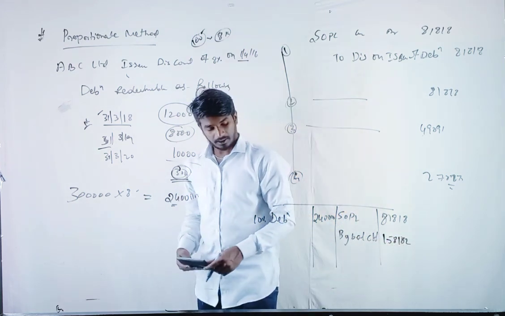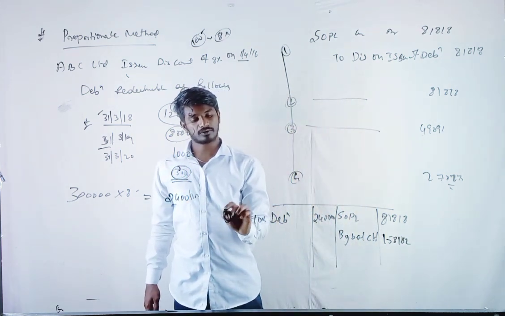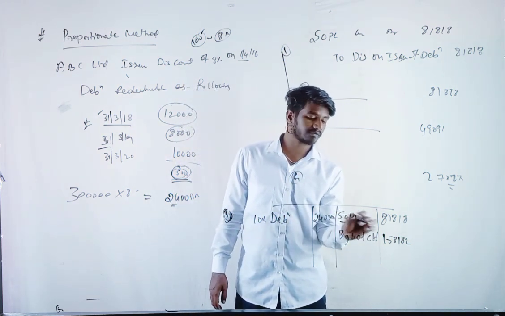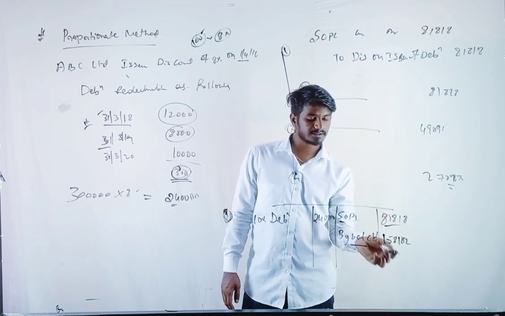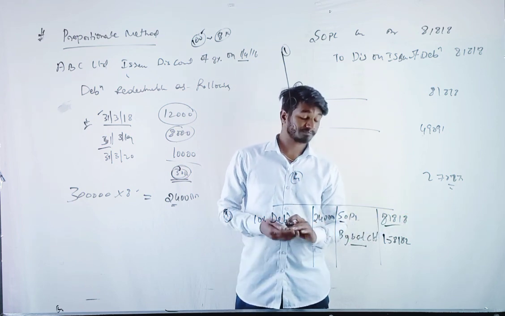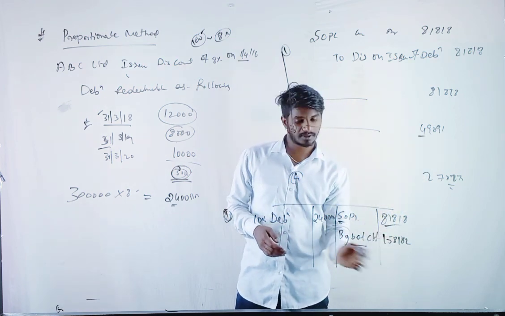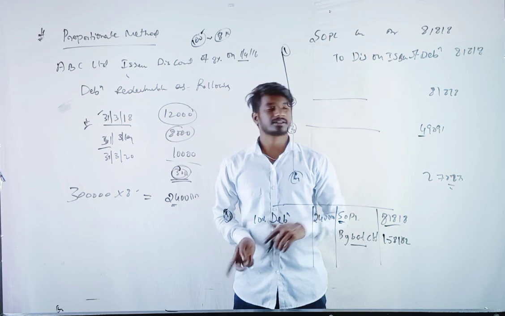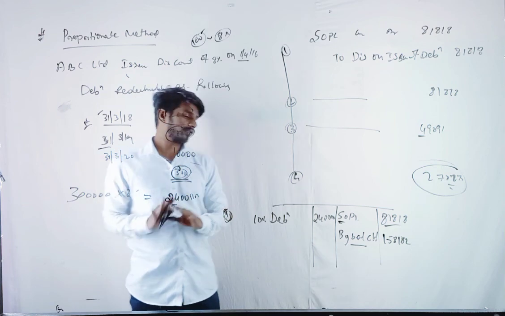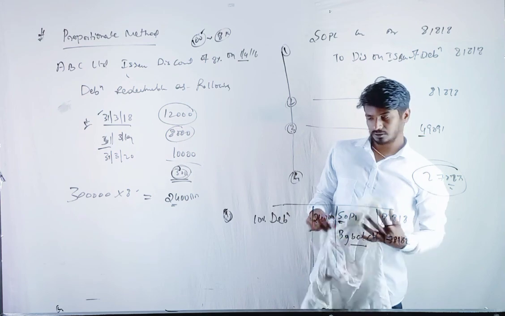And it will be brought down in the second year, and we will write off again 81,818, and the remaining balance goes to the third year. In the third year, SOPL write off 49,091, and the remaining balance goes to the fourth year. And the remaining amount will be written off, and that is the end. Yes, the concept got completed.